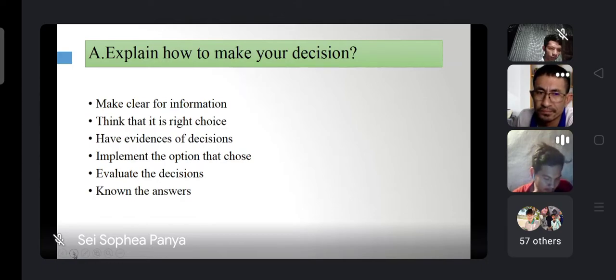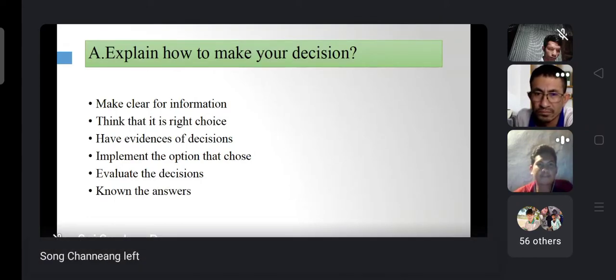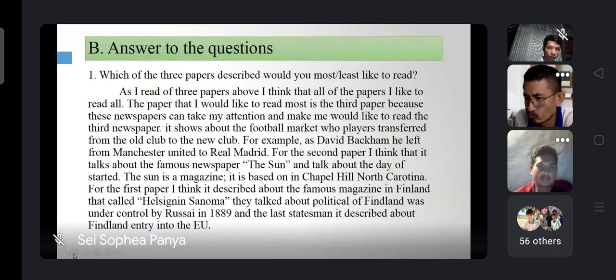This one means think before we do. For example, you want to be a teacher. Before you become a teacher, you really know what the teacher does and what the obligations of the teacher are. Let's go to another slide. That's all on my point, teacher.